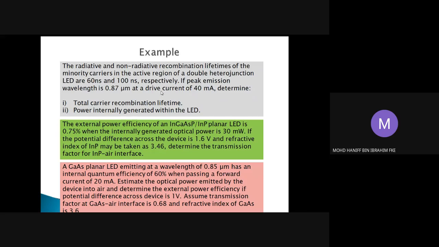We can then use the internal quantum efficiency together with lambda and the drive current to calculate the power internally generated within the LED. So how do we answer this question? Let us proceed to the solution for this example.